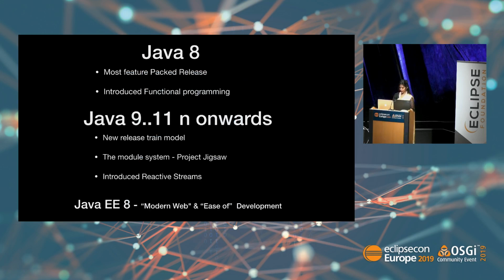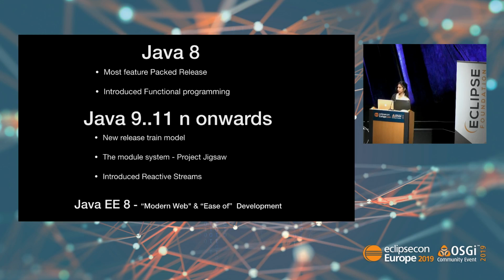The Java developers have always been on watch, and they just wanted to make this awesome language more awesome, and they started the modernization journey from Java 8 onwards, which was the most feature packed release. They introduced functional programming, which is again a very good paradigm. And in Java 9 onwards, a new release train happened, and the module system, project Jigsaw, was a big thing.